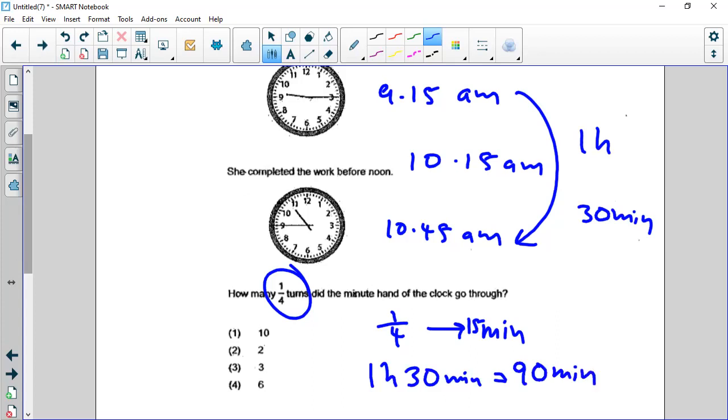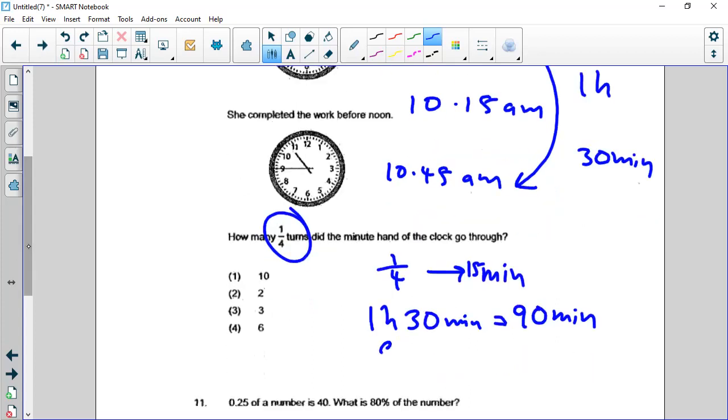Then you divide 90 by 15, because 15 minutes is 1/4 turn. You will get six 1/4 turns. So your answer is number 4.